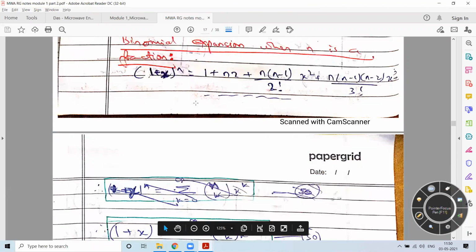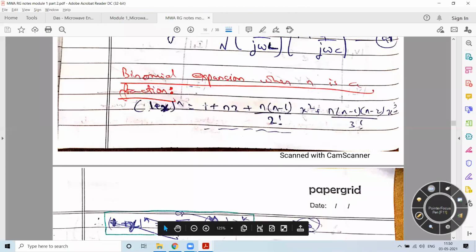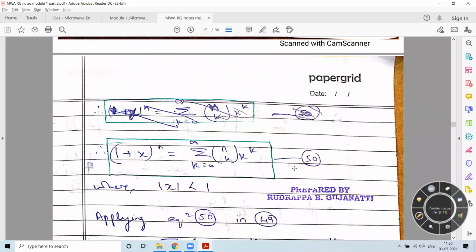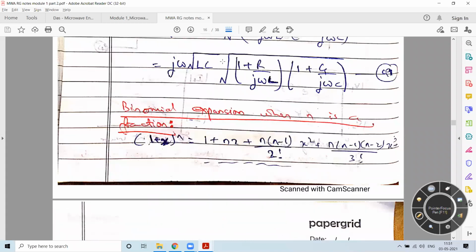So here we have nC0 into x raised to 0 plus nC1 into x raised to 1 plus nC2 into x raised to 2 and so on. So now we'll be applying this binomial expansion to this part.